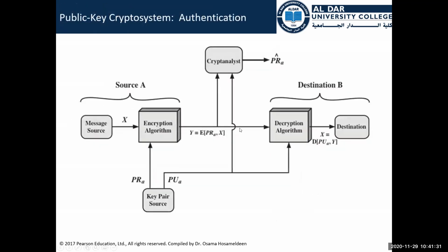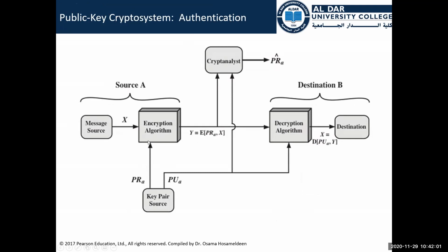Another scheme is to use authentication. Authentication means to make sure of the source of the message. Make sure that if somebody sent this message, you know that this guy is sending the message, not somebody else, not a hacker or somebody else. This can be done using the private key of the sender.